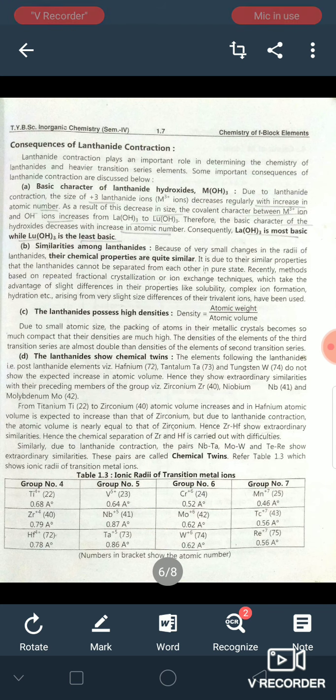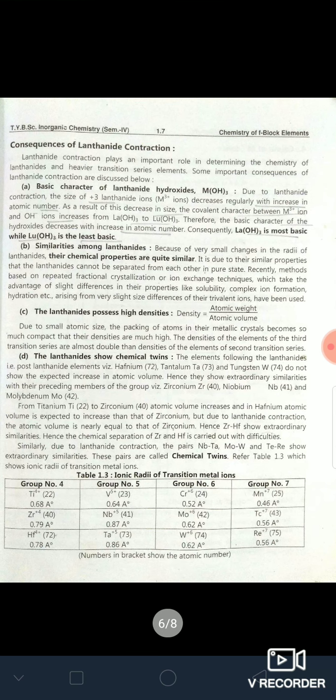The elements following the lanthanides, that is post lanthanide elements hafnium, tantalum, tungsten, do not show the expected increase in atomic volume. Hence, they show extraordinary similarities with their preceding members of the group: zirconium, niobium, and molybdenum.